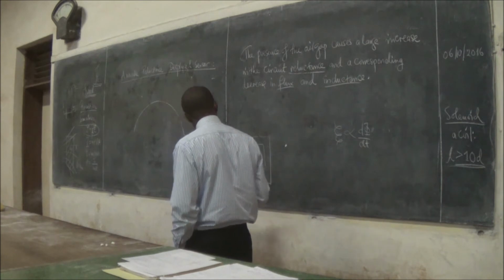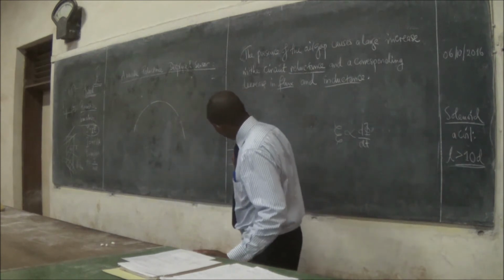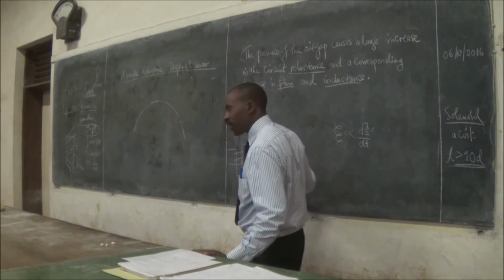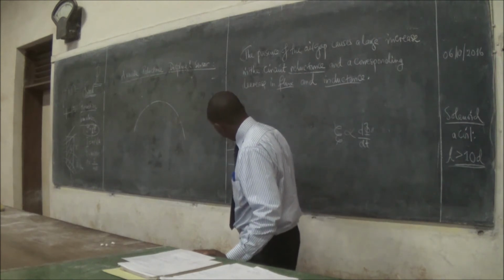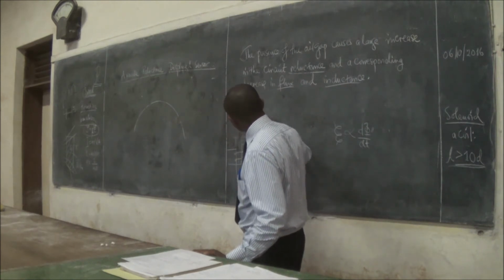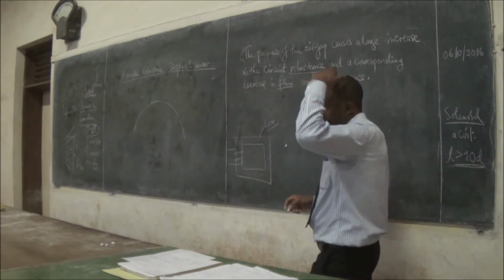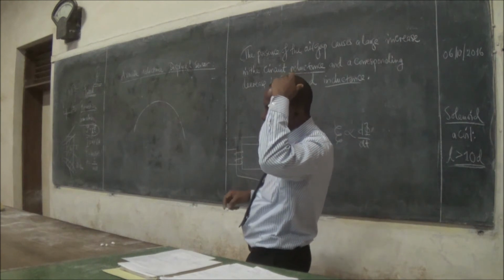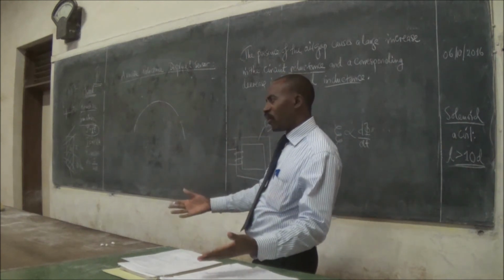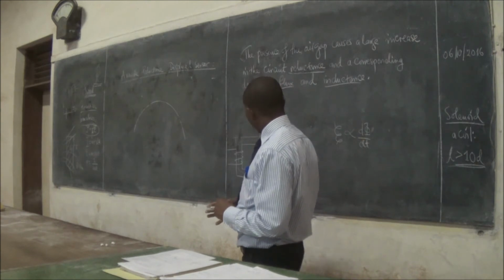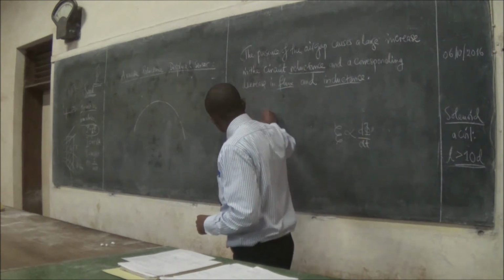Let me just draw this. So I have created a magnetic field, and this is my core. Preferably, you have to use a soft material like iron. Iron is easily magnetized, easily charged. So, for example, an iron core.